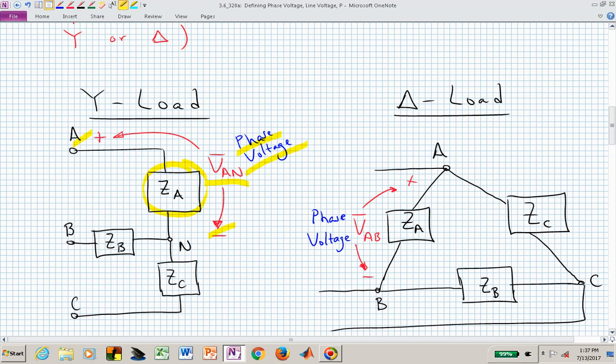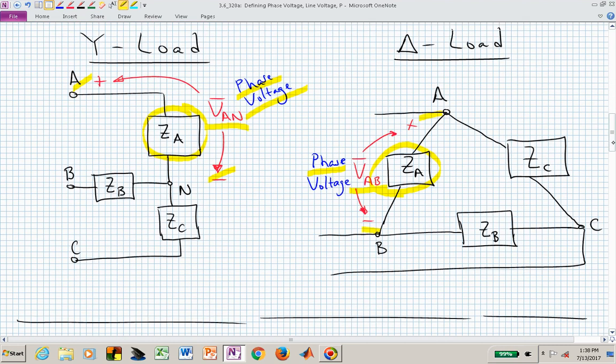Meaning the phase voltage is now V sub AN in a Y connected load. Contrast that with a delta connected load. The phase voltage again is associated with the voltage dropped across a particular phase impedance. The A phase impedance, just to make things consistent, is Z sub A, but in a delta connected load, the phase voltage will actually be between terminal A and terminal B, so that now in a delta connected load, the phase voltage is actually V sub AB.